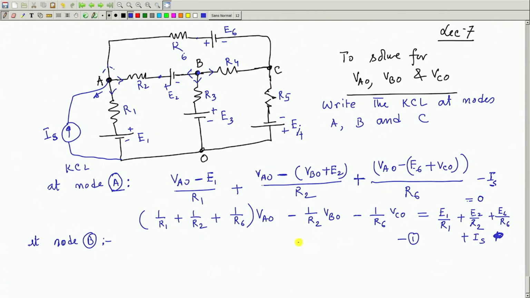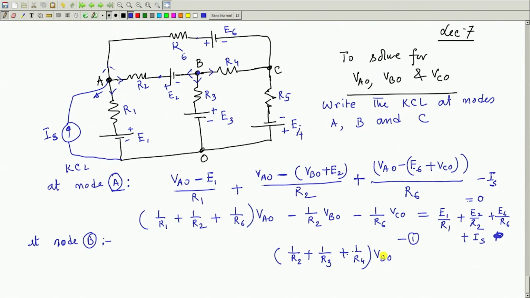So, coefficient of VBO will be the sum of the reciprocal of all the resistances connected here: 1 by R 2 plus 1 by R 3 plus 1 by R 4. And this should be VBO. If you simplify that, writing from basics.